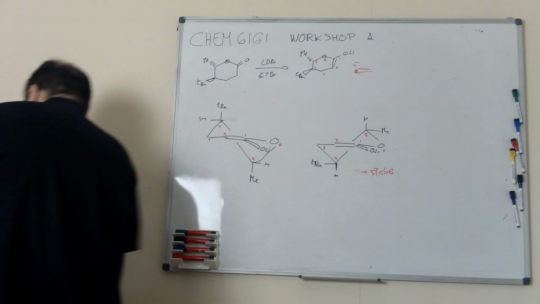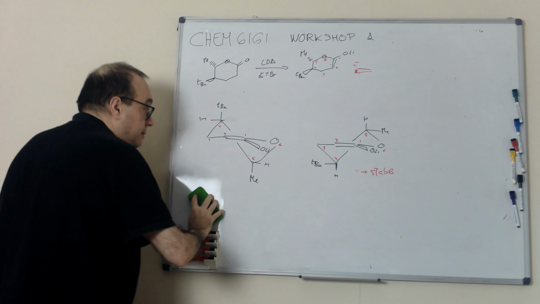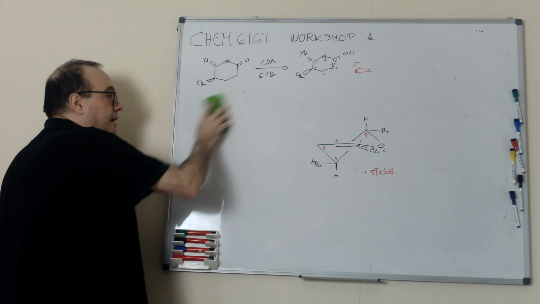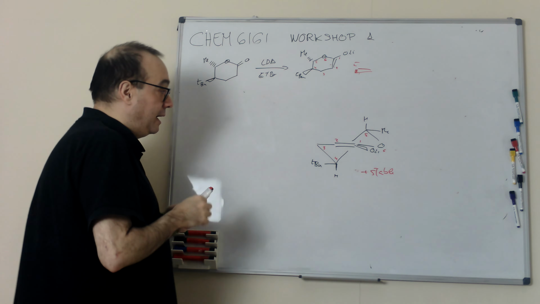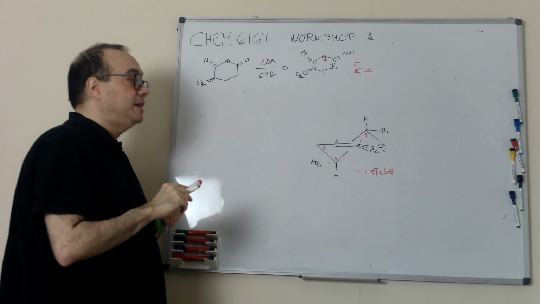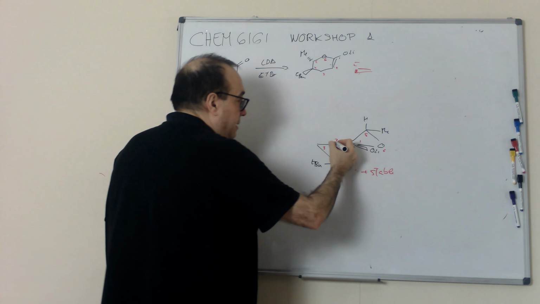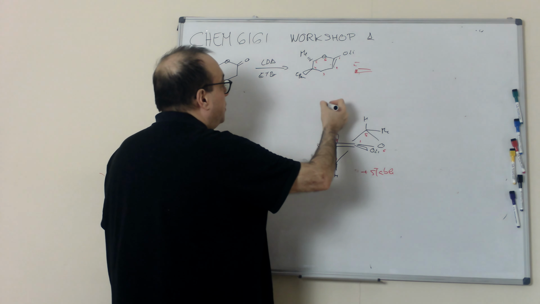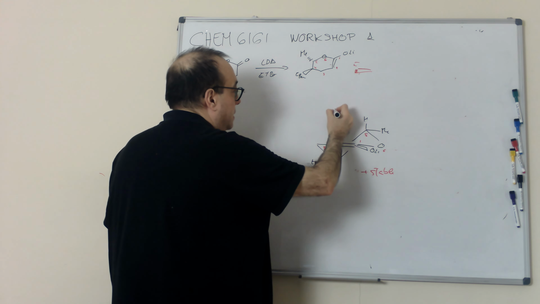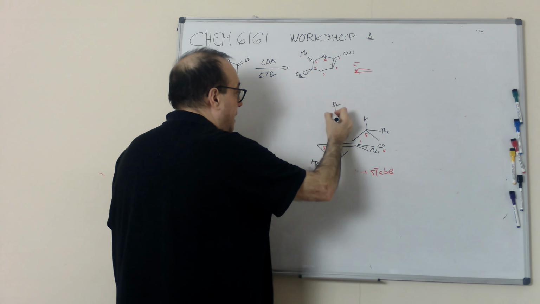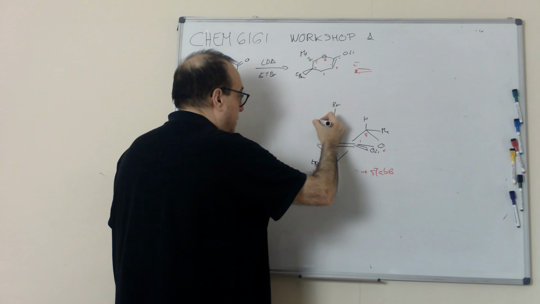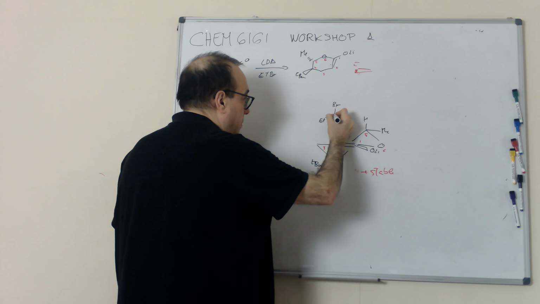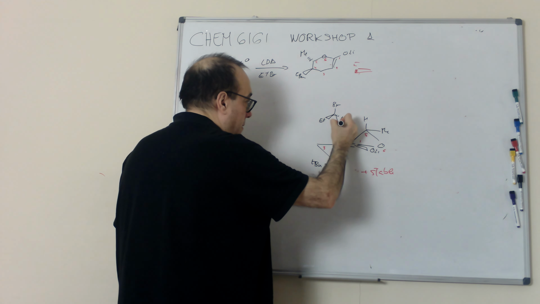That means that I erase this, I only will keep this. And then remember that it's a nucleophile who is attacking, that means the pz orbital is attacking, and we have an SN2.